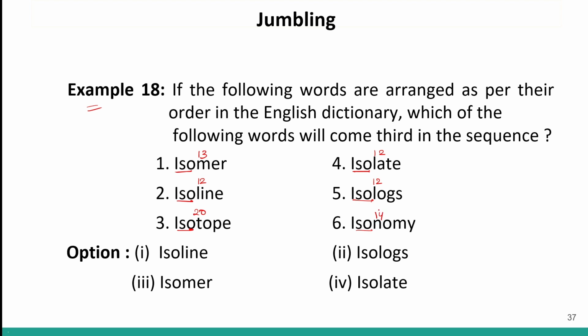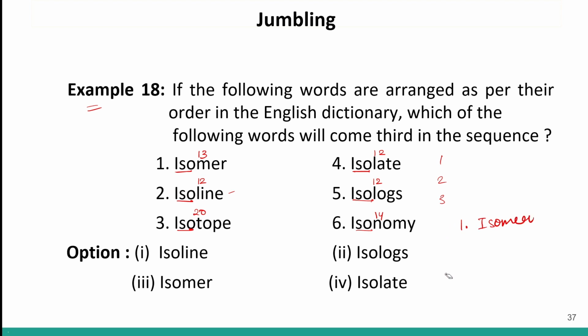So now I know that if I have 6, right? First, second and third will be between isoline, isolate and isologues. Then we'll have the 4th position. So 1, 2, 3 we know. At 4th, 5th and 6th we have to find out. At the 4th position we'll have isomer, which is 1 isomer.